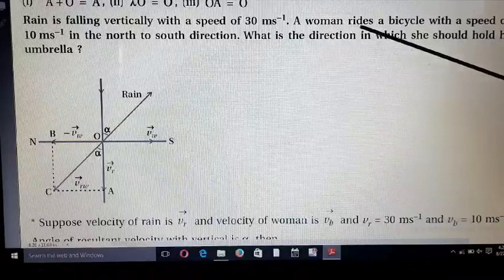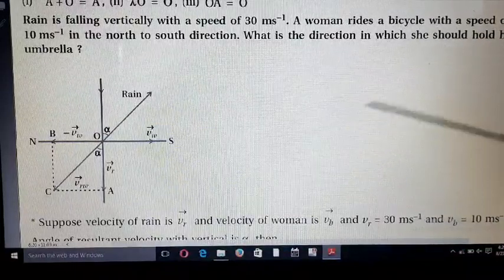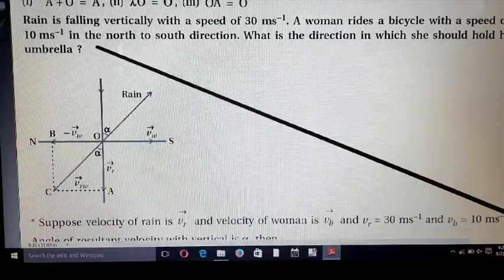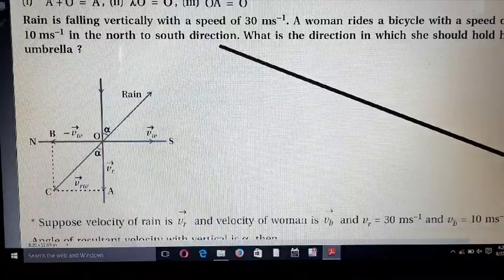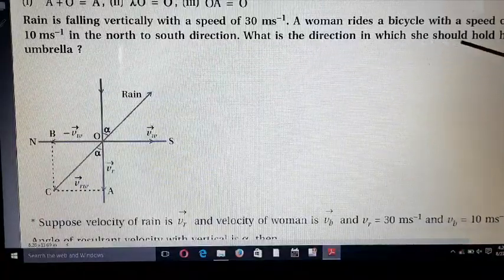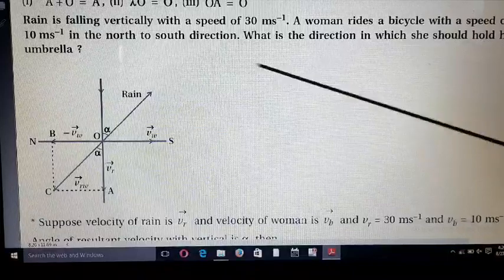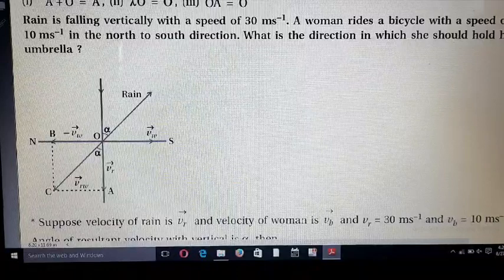A woman rides a bicycle with a speed of 10 meter per second in the north to south direction. So what is the direction in which she would hold her umbrella? This is 4.12.